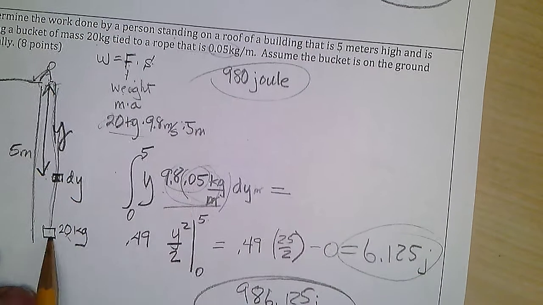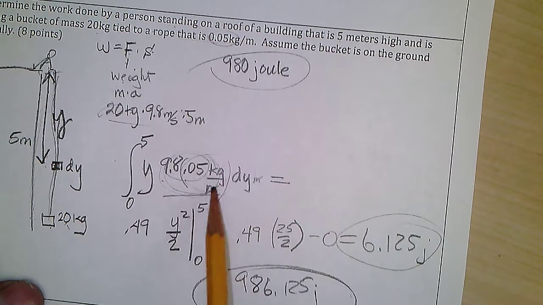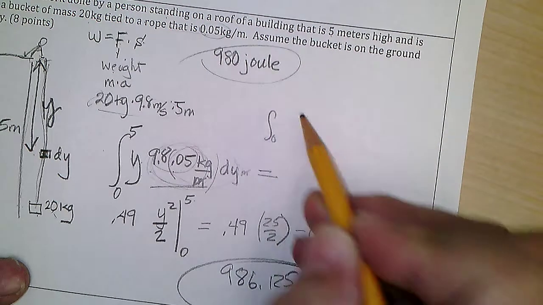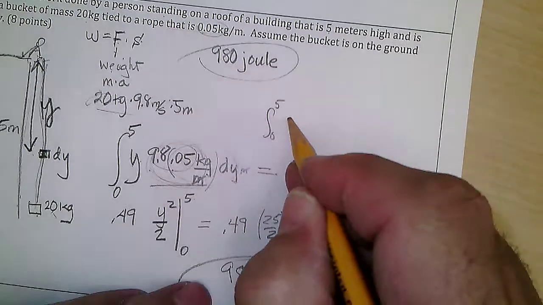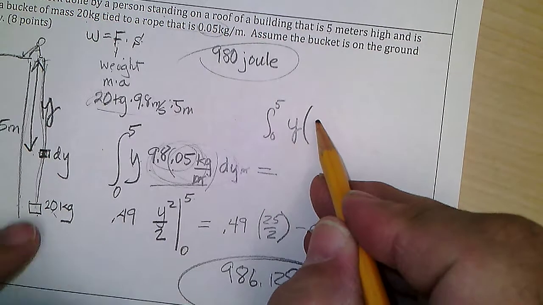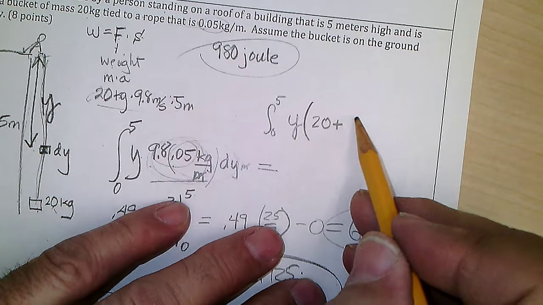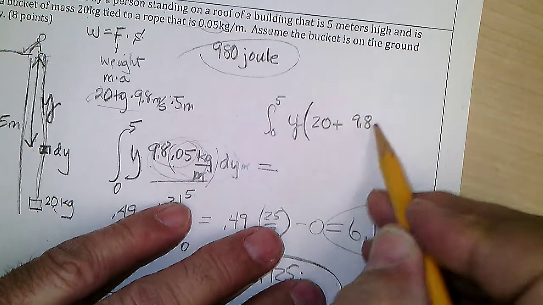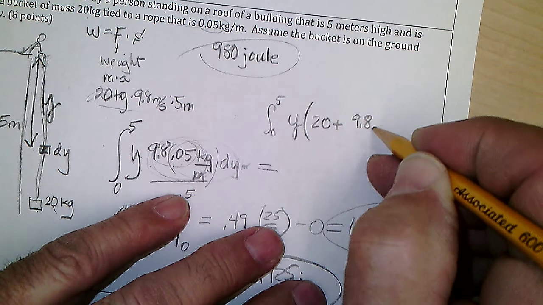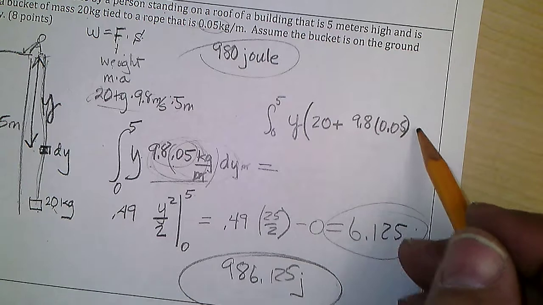Now you could have kept the bucket in the integral. That would have been a mass. This is the mass here, and to that mass you would add, so it could have been the integral from 0 to 5 of y times the mass of the bucket plus the mass of the rope times 0.05 dy.